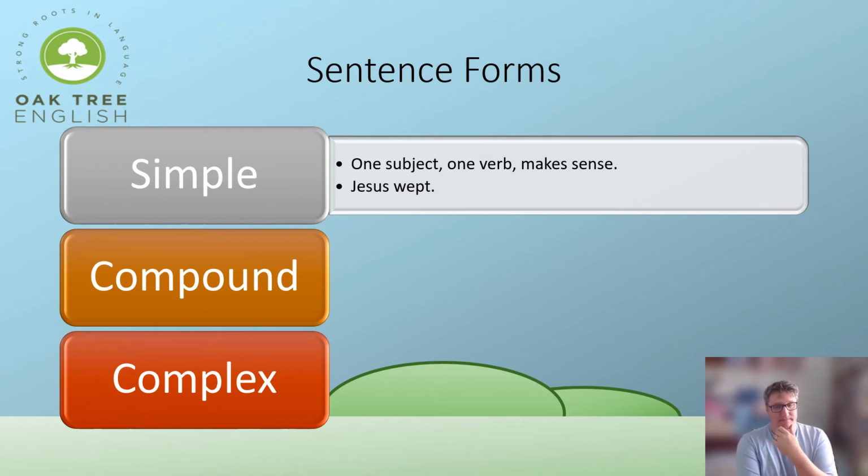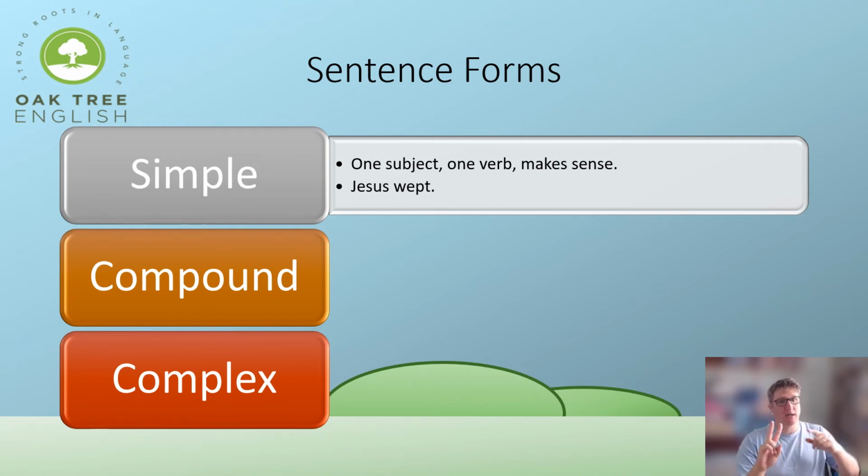Jesus wept is the shortest verse in the Bible. It's the Gospel according to John, chapter 11 and verse 35, and none of you care a jot about that. Because what you want to know is, why is that a sentence? It's only 2 words. You have one subject, in this case, Jesus Christ, whoever you think that might be.